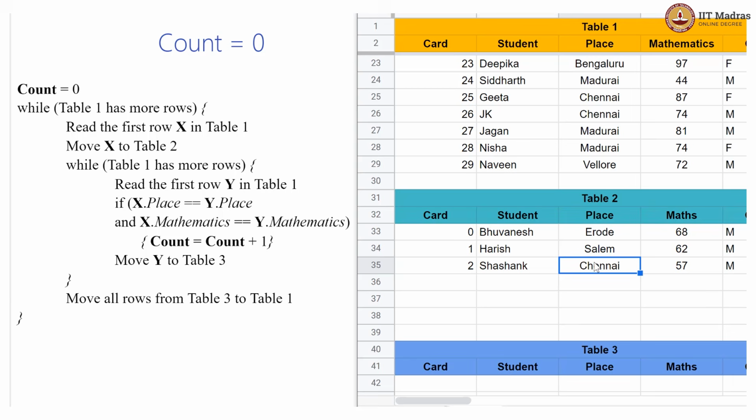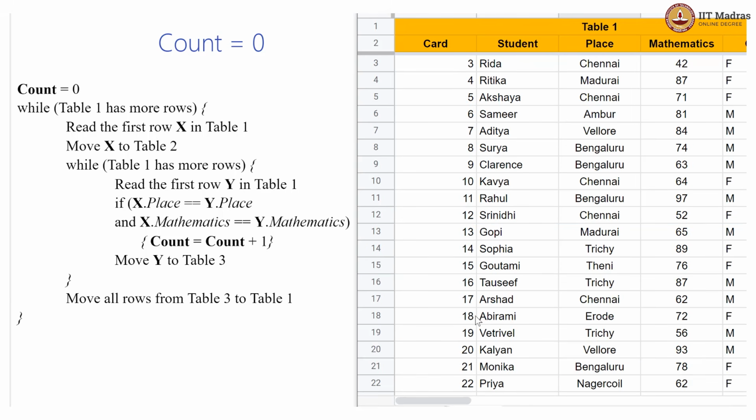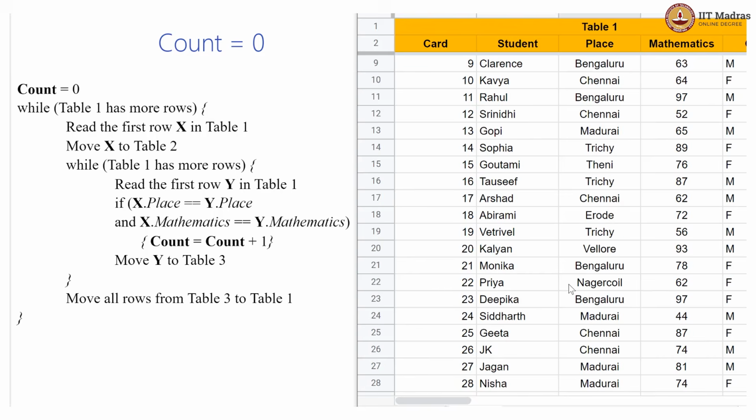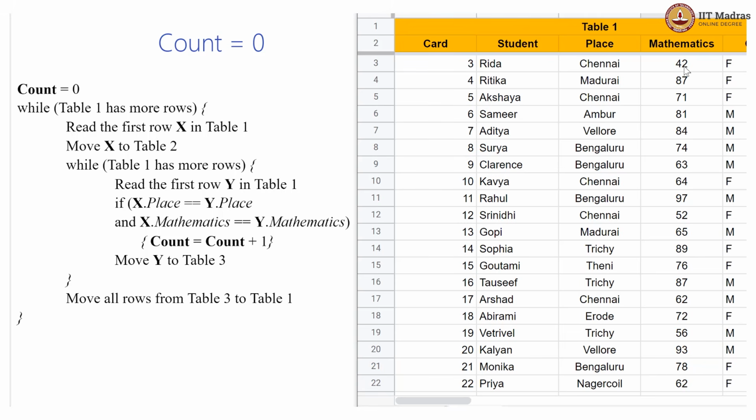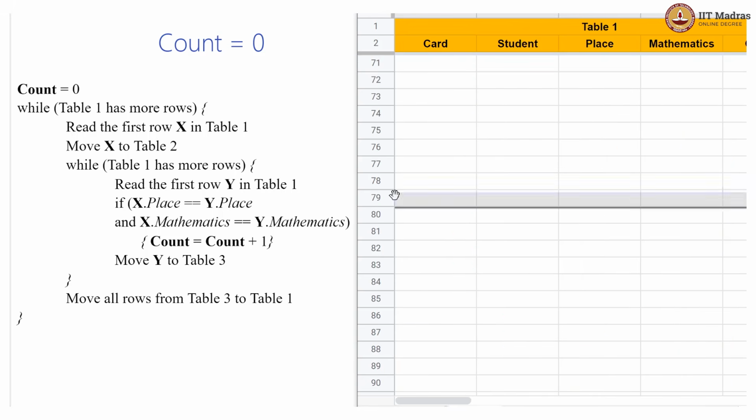So this is our X dot place. And then we start looking here. This is Chennai. So we now verify if the math score is same. This is 57, this is 42, so they're not same. So we move this row down.